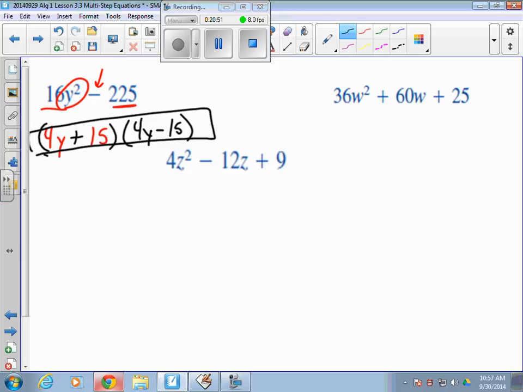For this next one, this is a perfect square trinomial. 1, 2, 3 terms up there. Again, perfect square 4 is 2. Perfect square z squared is z. Perfect square 9 is 3. This tells you in the middle of them you put minus, and it's squared. So 2z minus 3 squared.